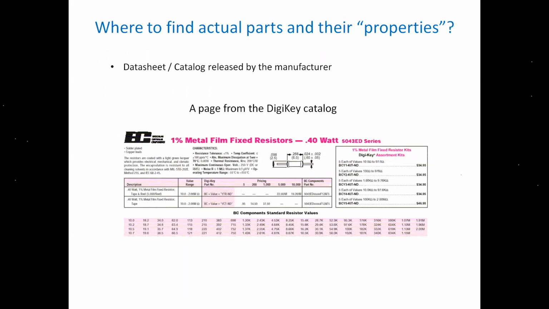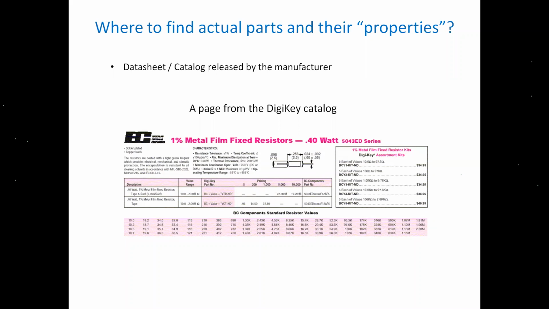From the last slides, we saw the logical connections, the schematic side. The subsequent thing is we need to find out the actual parts of the component. So where do we get this actual property? The manufacturers release the data sheets or catalogs of each product.